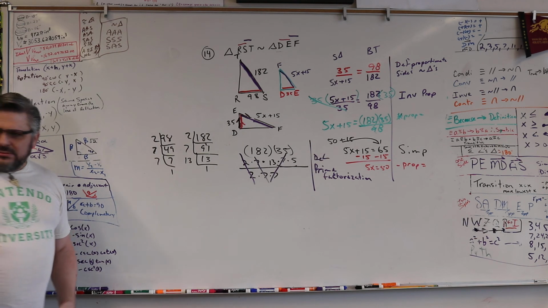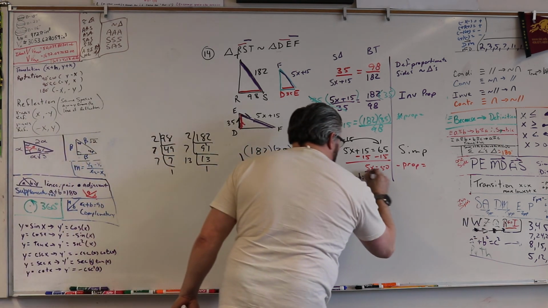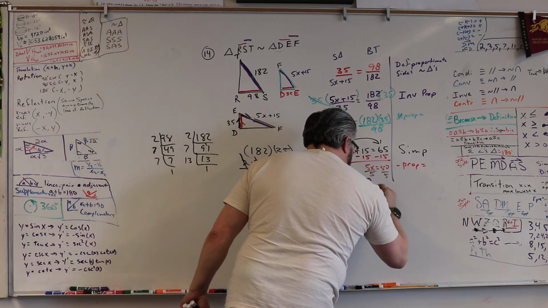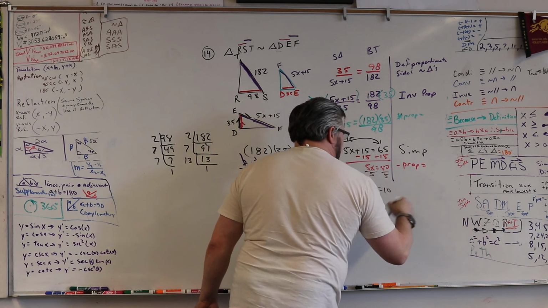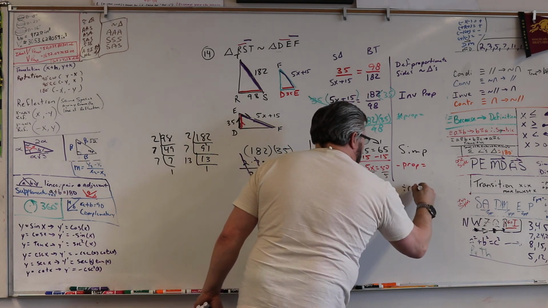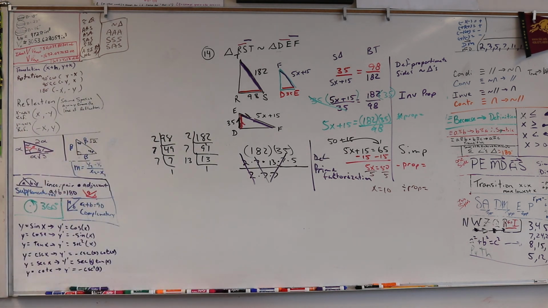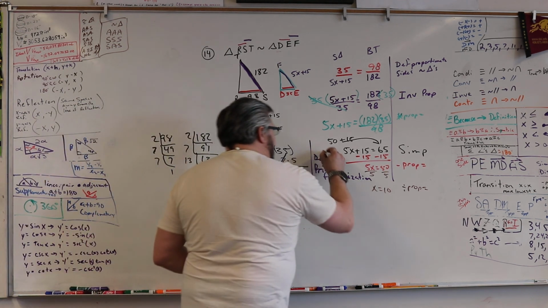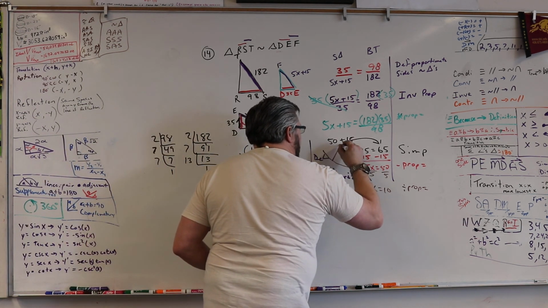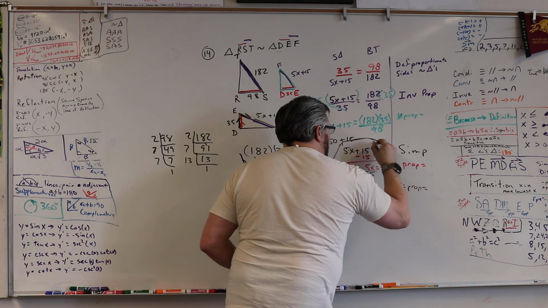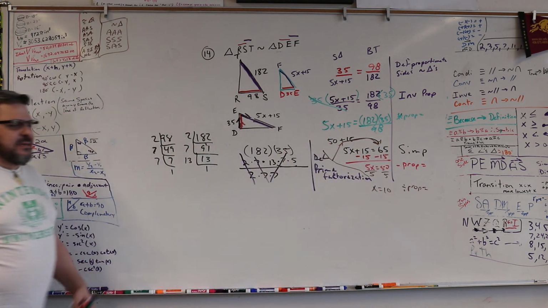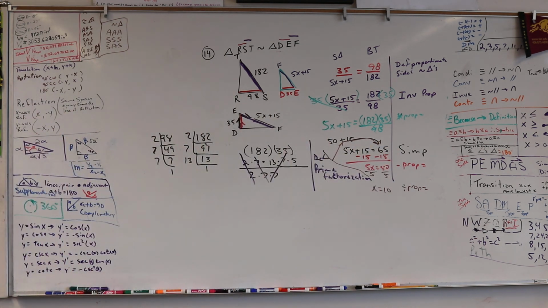Divide by 5. And I get x is equal to 10. Division property of equality. Okay? So all of this prime factorization went to right here, which went to right here. So it was all part of your simplification. Okay?